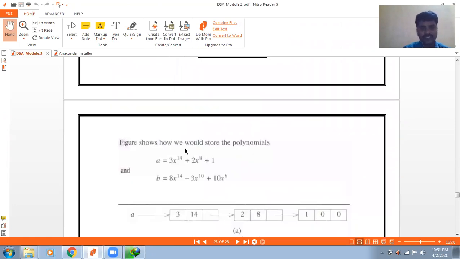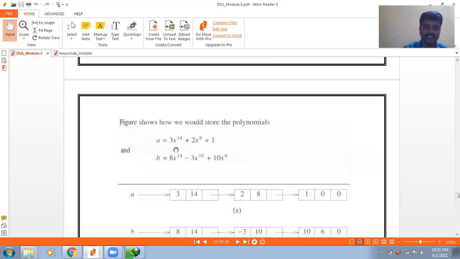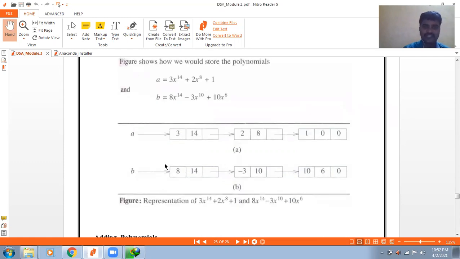For example, a figure shows how we would store the polynomials A = 3x^14 + 2x^8 + 1 and B = 8x^14 - 3x^10 + 10x^6.